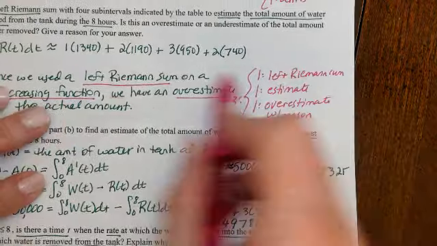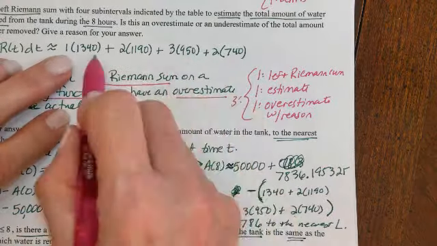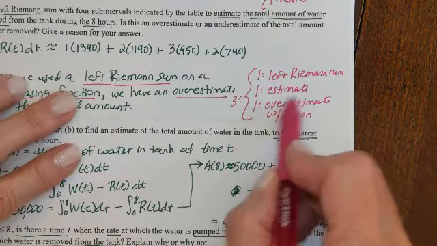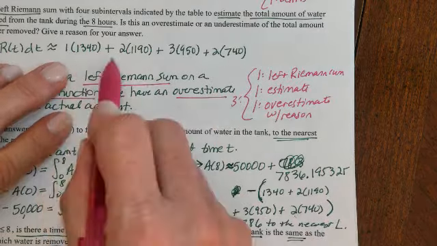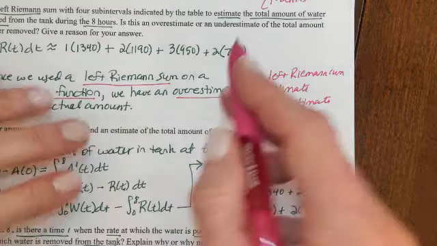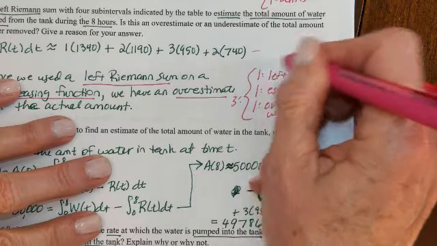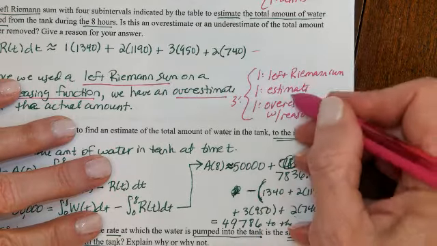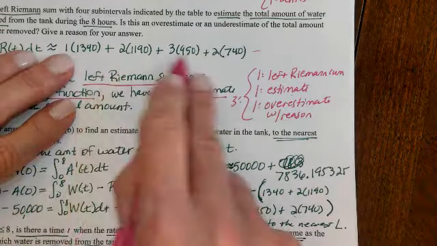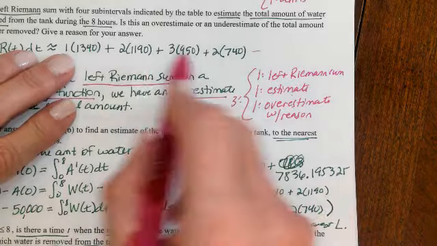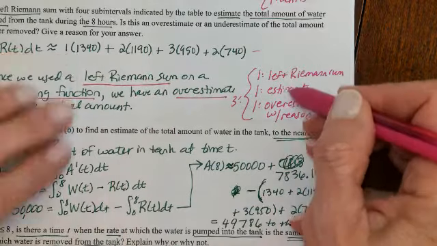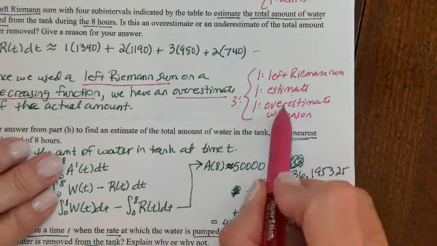So this left Riemann sum is this. That's the left Riemann sum. And the estimate is also that, since I didn't evaluate this. If I had added this up and got a value, that would have been the estimate. But if I don't, then this is my safe stop estimate. So this counts for both of those points.